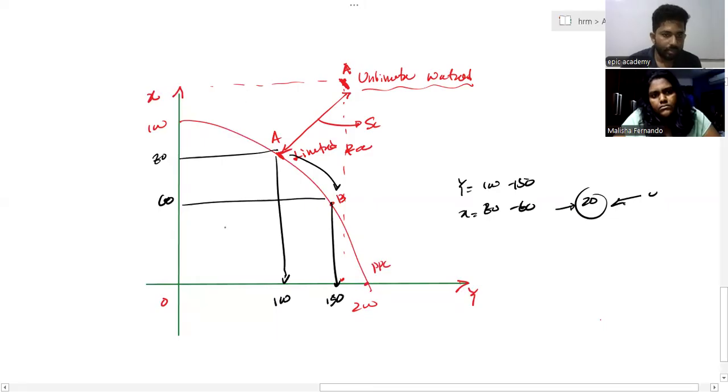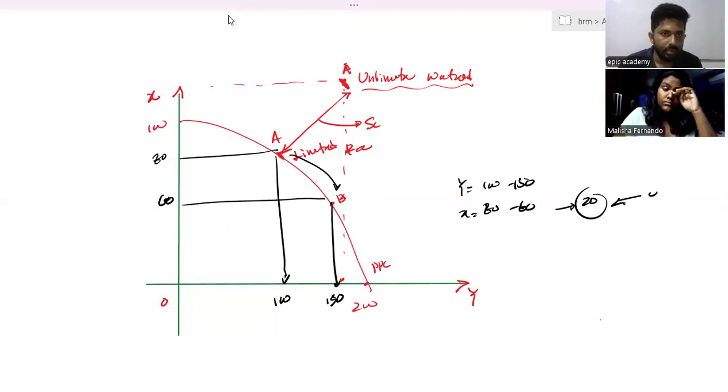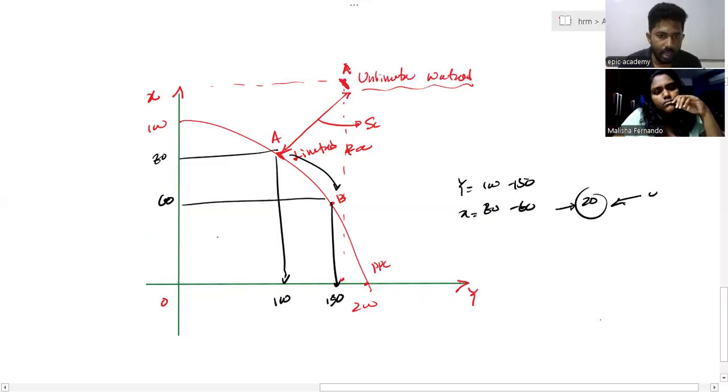And just consider a point that is behind the line. As an example, this is the point C. In here, it produces only 50 of Y and 40 of X commodity.